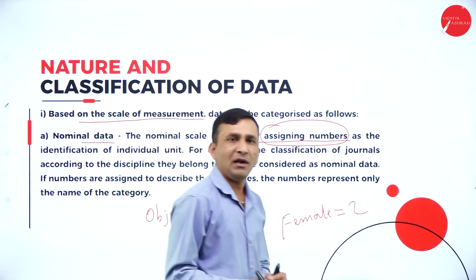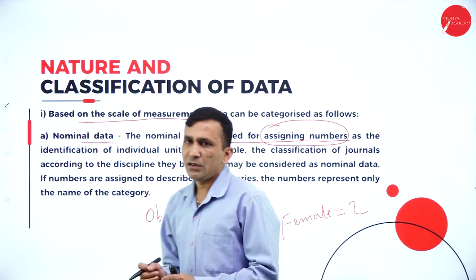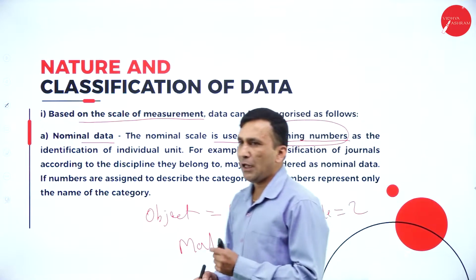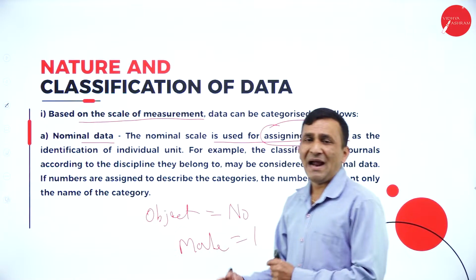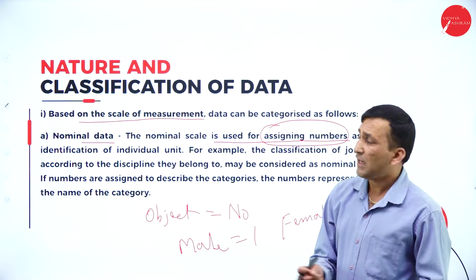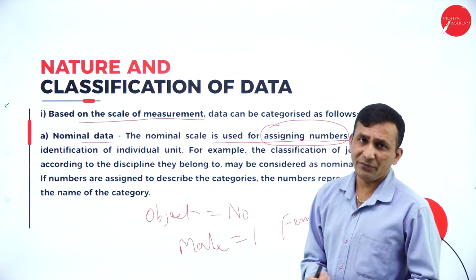See, in a family, how many members? If elder, younger, we can use numbers to assign. The same thing, male or female, we can assign 1 or 2. Good, bad, excellent, satisfactory, we can assign numbers so that we can easily recognize and identify what kind of data it is.